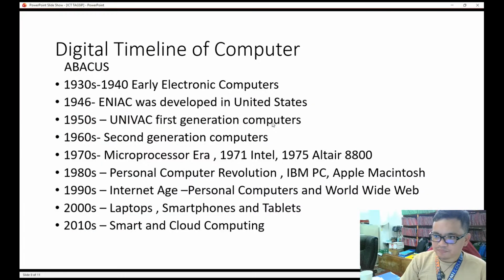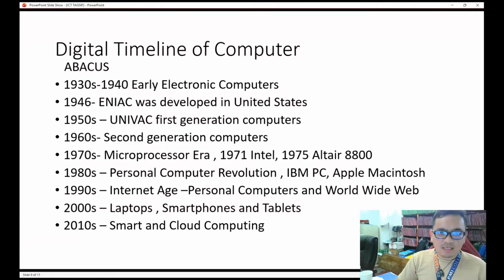Next, I would like to show here the digital timeline of the computer. First, the abacus. Then in the 1930s to 1940s, the early electronic computers, which include the Z1, Z3 and Z4.